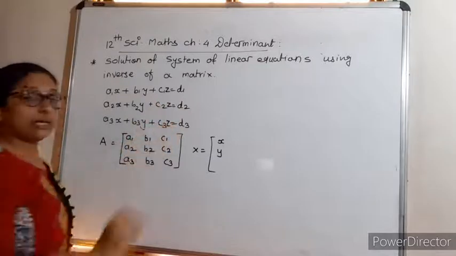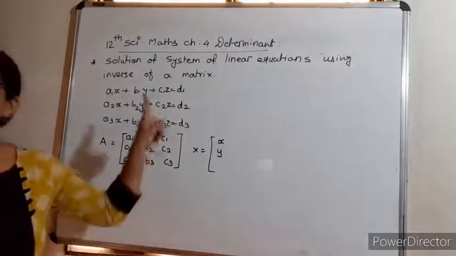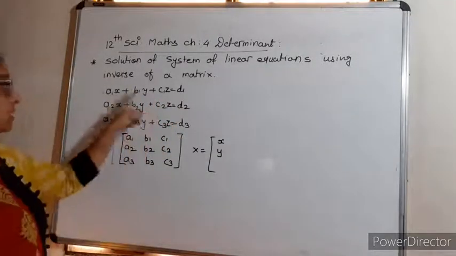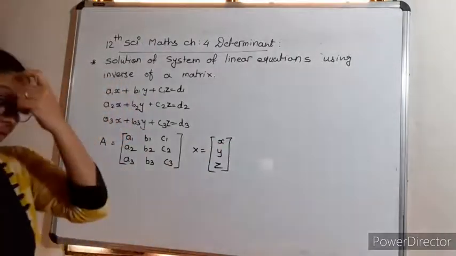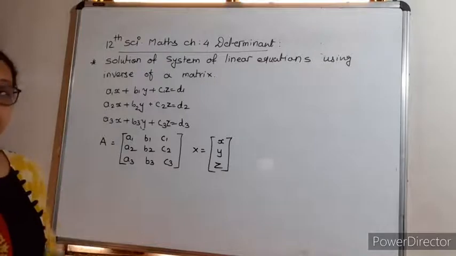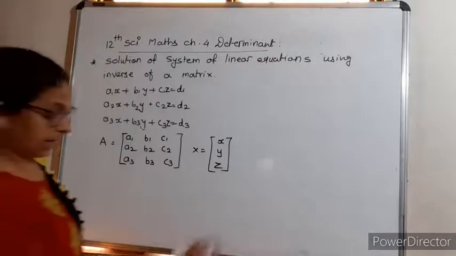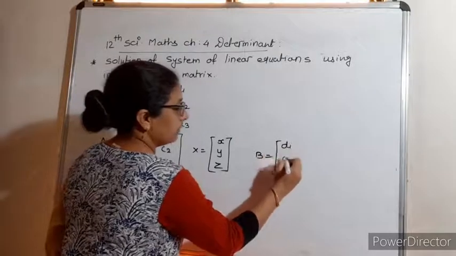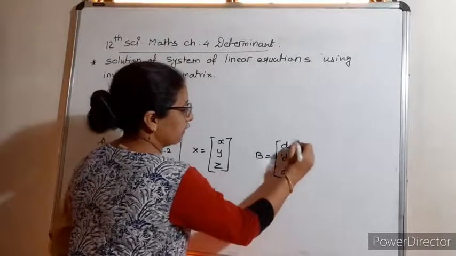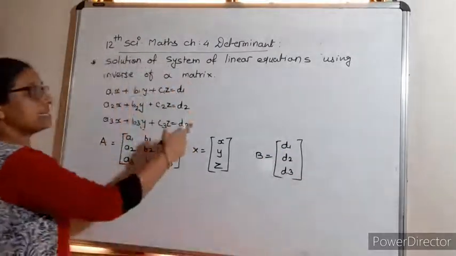These are three linear equations, so the variables are x, y and z. That is our matrix X. And we will take B as d1, d2, d3, because the constants are given as d1, d2, d3.